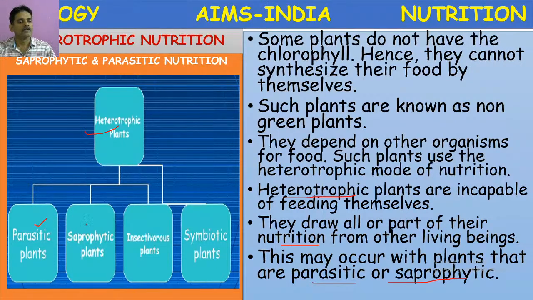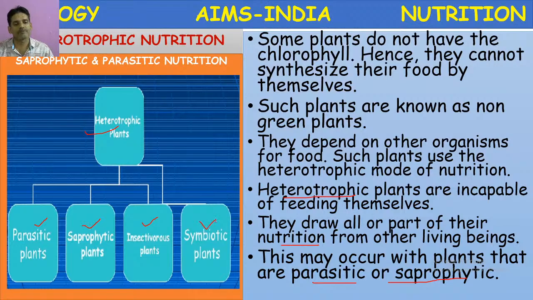Saprophytes are plants which depend on dead and decomposing organic matter, for example fungi. Insectivorous plants are heterotrophic plants that grow in nitrogen deficient soils. For nitrogen fulfillment, they feed on insects.